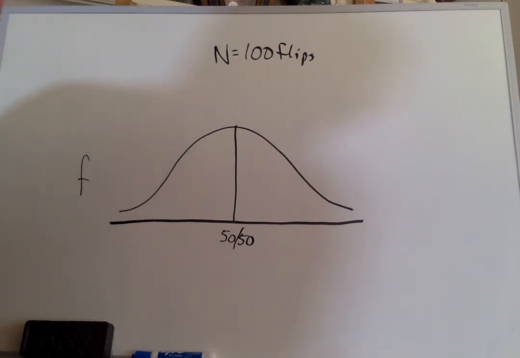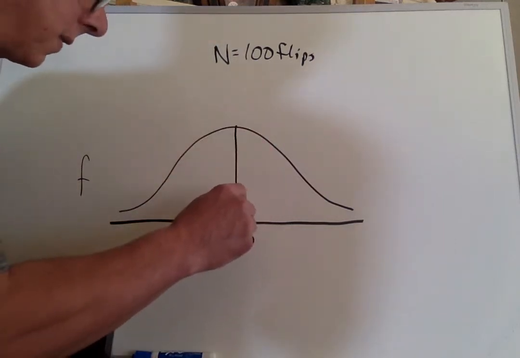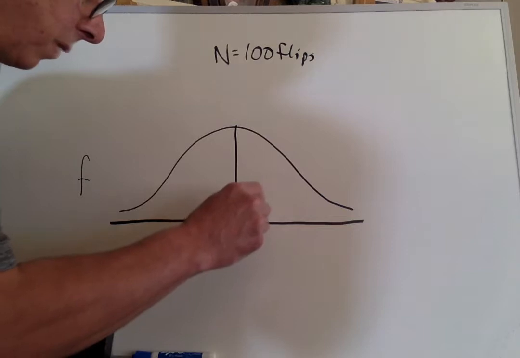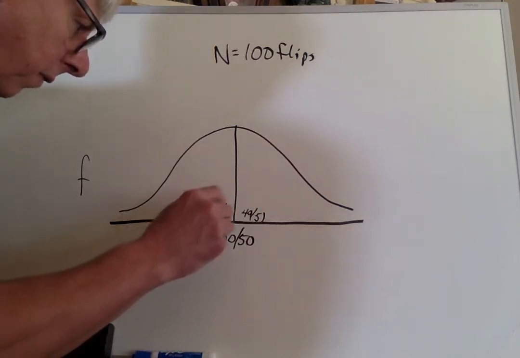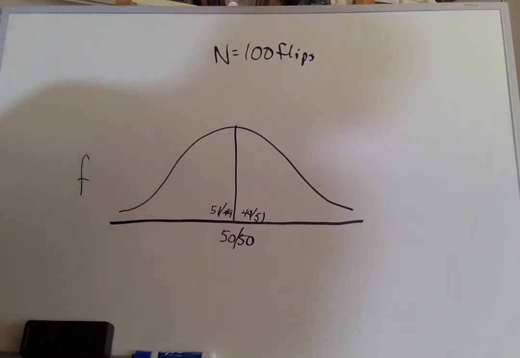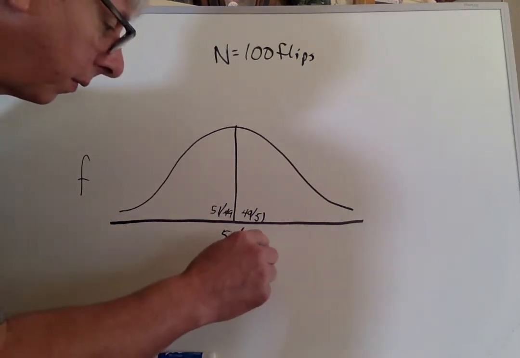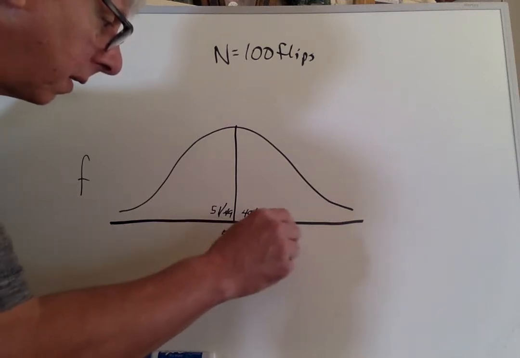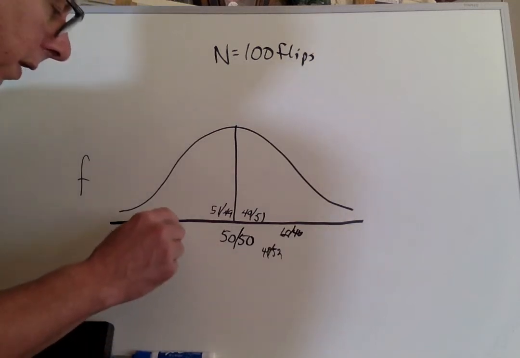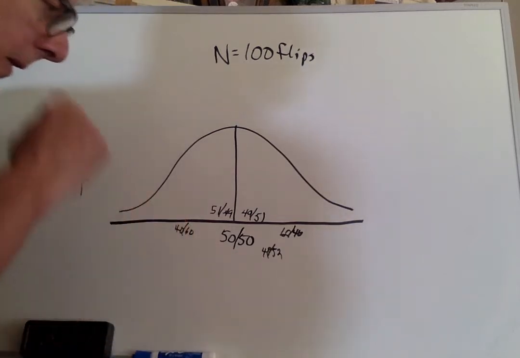If all of a sudden your friend has a coin and she flips 49 heads and 51 tails, or 51 heads and 49 tails, I hope that you wouldn't accuse your friend of using an unfair coin, right? Or if we go 48 and 52, or what about 60 and 40, or over here, 40 and 60, okay?